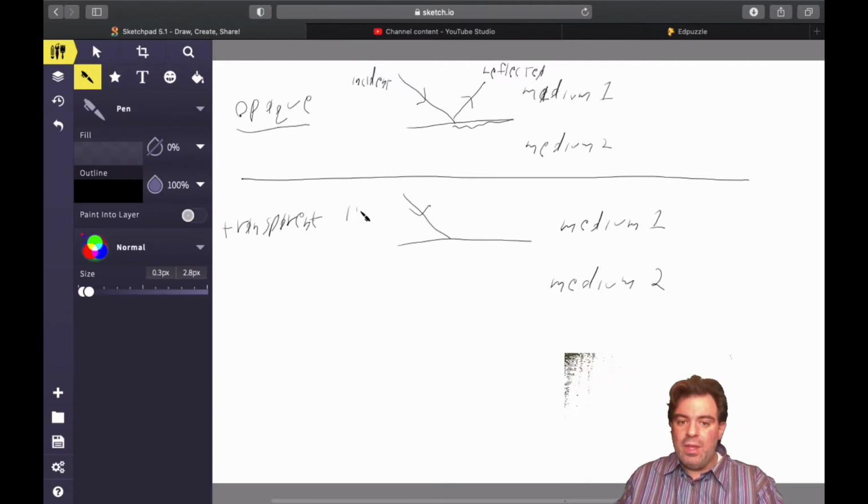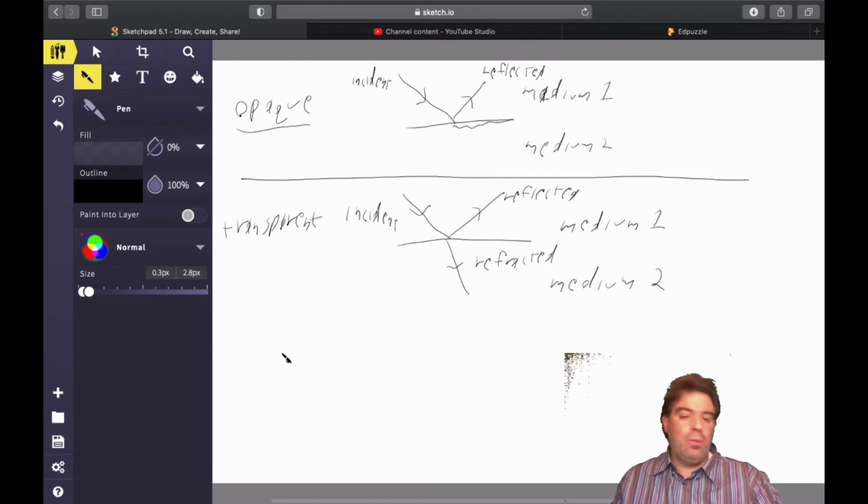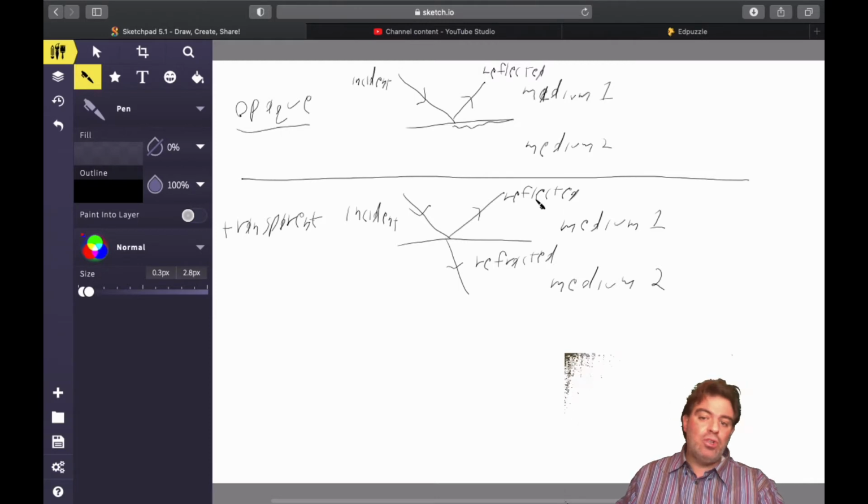Some of the light rays from the incident will be reflected, so we're going to have reflected light rays, but certain other ones are going to go inside the new medium, and they're going to be called refracted light rays, as you see right in front of you. And of course, we also have a third kind, which we're not going to go into, called translucent. It is simply a ratio between reflected and refracted.